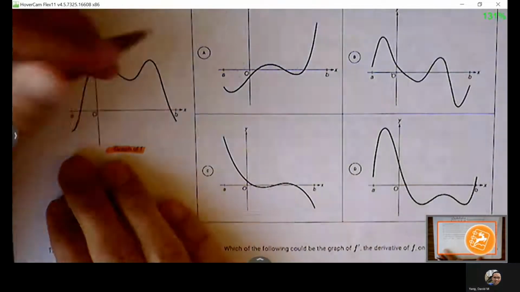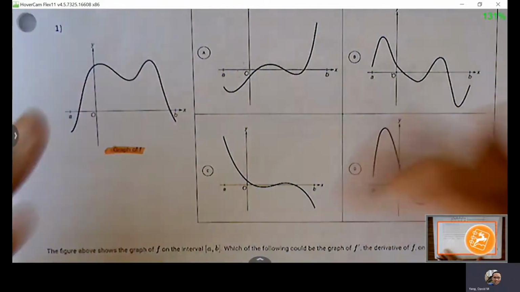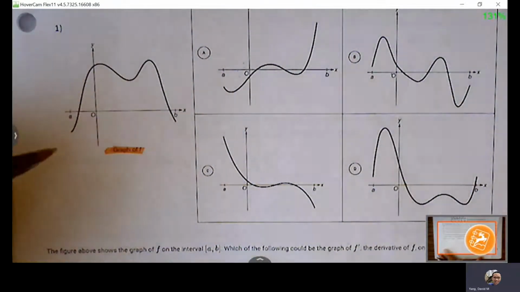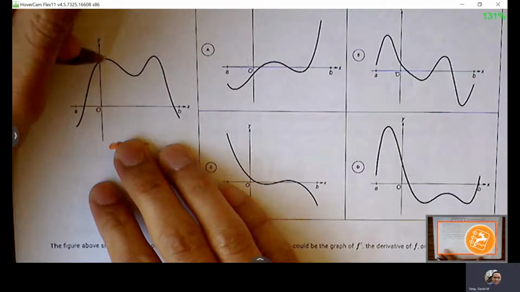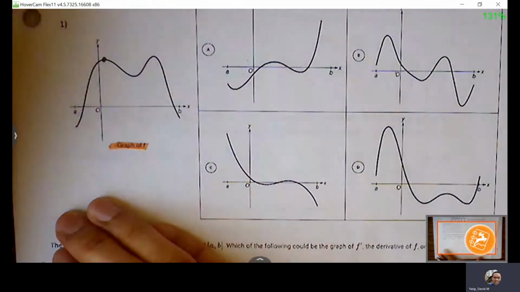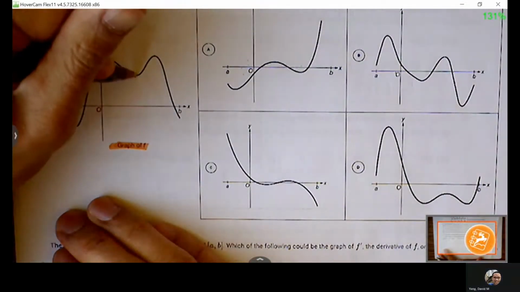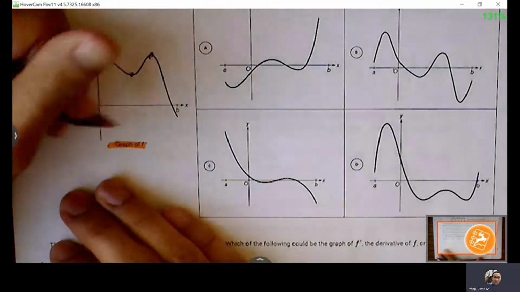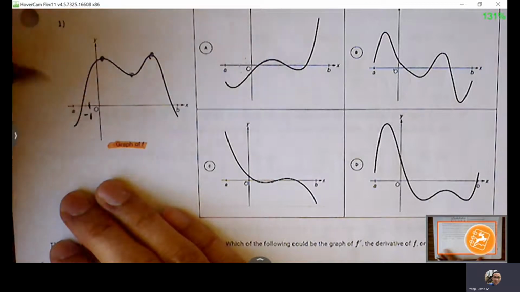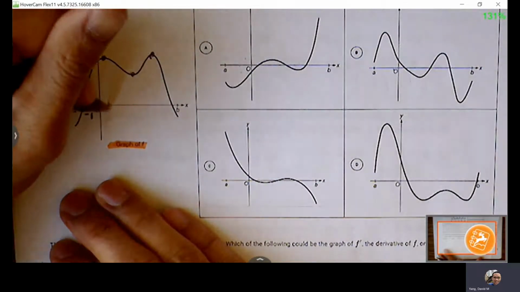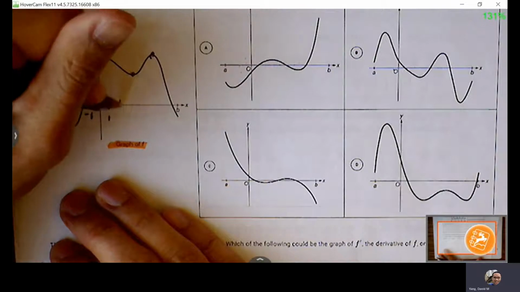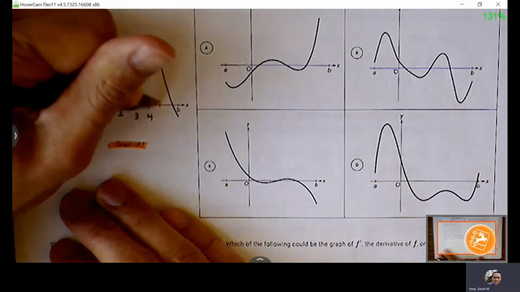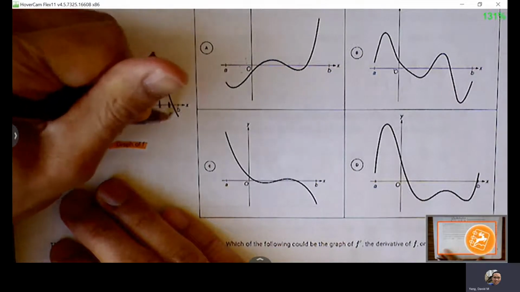Obviously, if this is on the AP exam, you don't have to do all this, but I just want to go through this, makes it easier to pinpoint certain things. So I see a relative max, I see a relative min, and I see a relative max. You'll see why I'm splitting it up this way, but I'll call that 1, 2, 3, 4, 5, and 6.